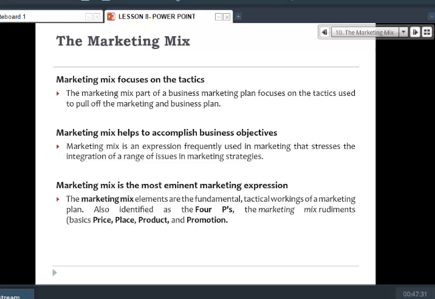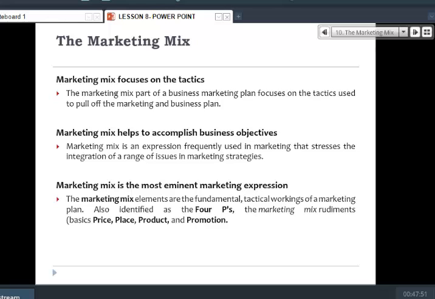The marketing mix elements are the fundamental tactical workings of the marketing plan, also identified as the 4 Ps of marketing. The basic elements are price, place, product, and promotion.